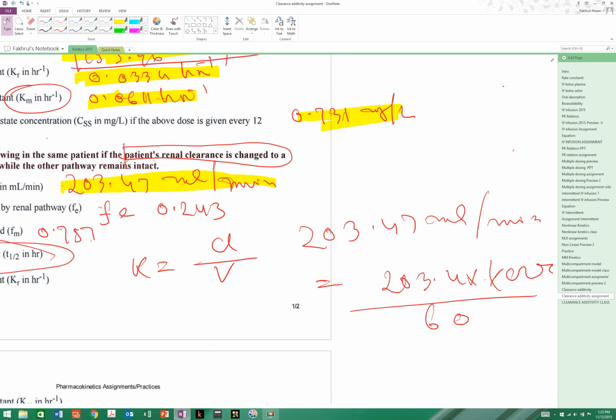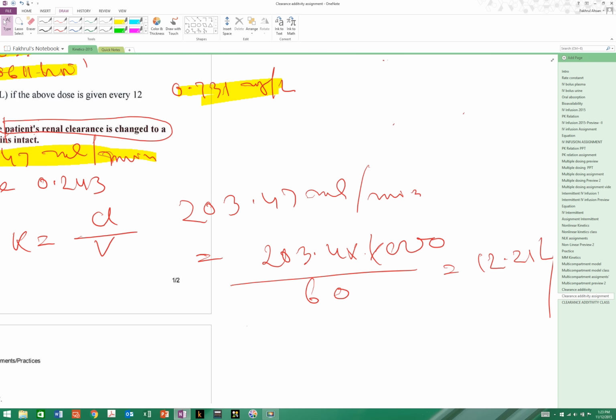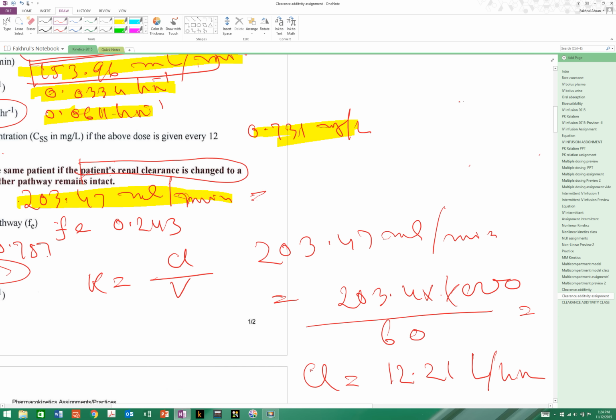Sorry, this is going to be your CL, the new CL, 12.21 liter per hour. This was in milliliter per minute, and we are converting it to liter per hour.